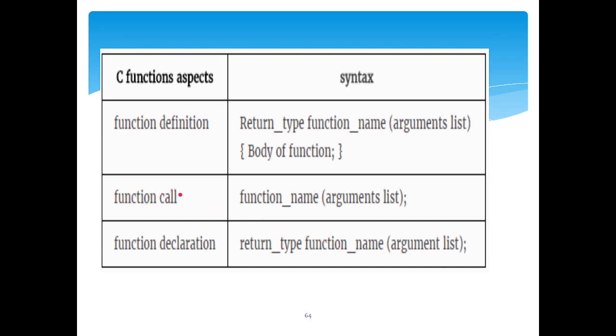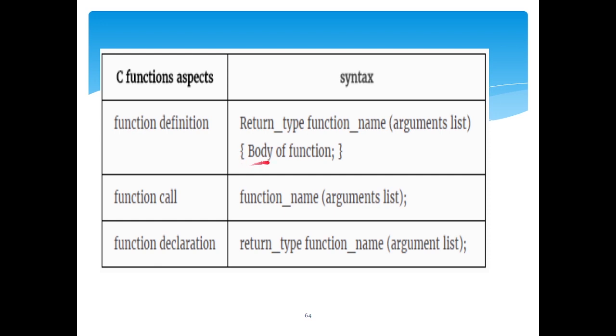For a function call, you just need to write the name of the function and whatever actual arguments you want to pass. And the function definition has the return type, function name, and the arguments list. Remember, definition means you need to write the meaning of that function, the defining part of that function.